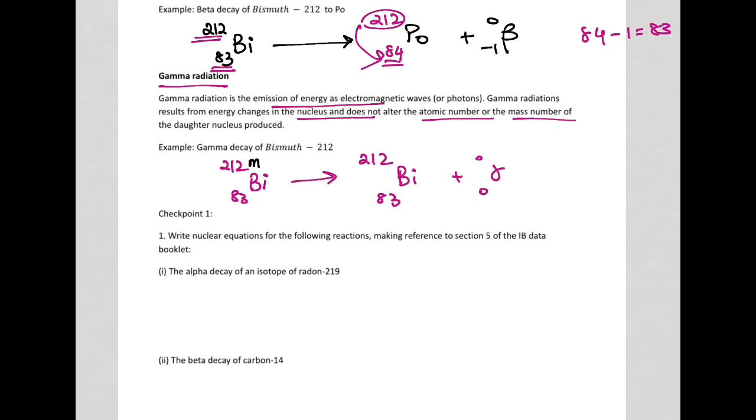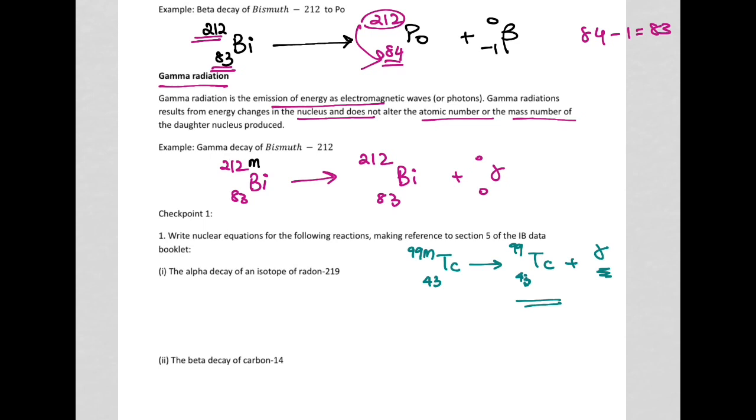Now, sometimes you will see this shown as 212m giving 212. Or if we take, for example, technetium, this is another example, technetium-99m giving technetium, without the m now, plus gamma radiations. Now, what does the m mean here? The m means metastable.